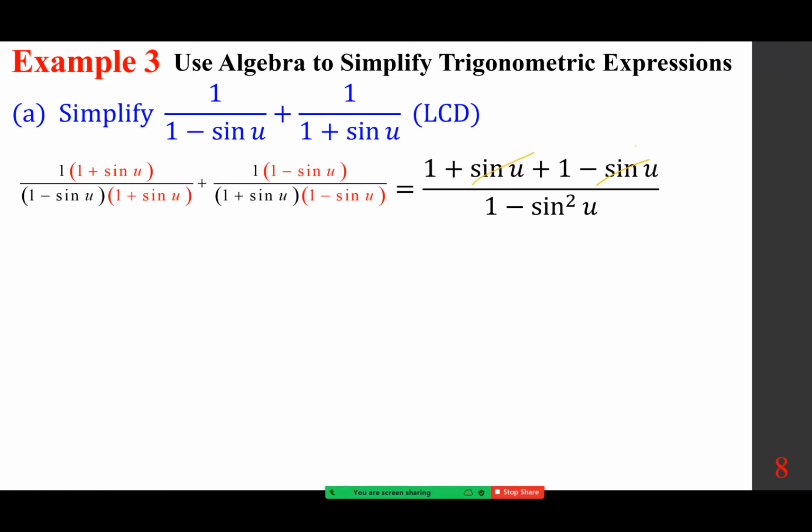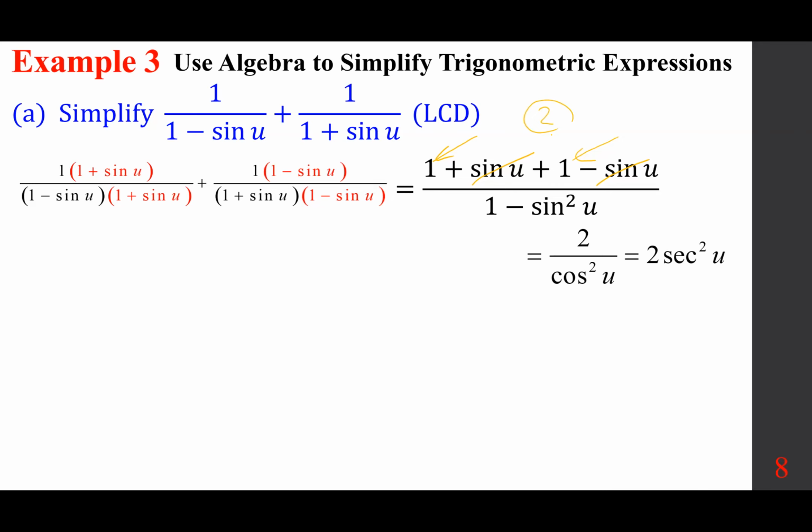These two cancel each other. The numerator changes to 2, and the denominator changes to cosine squared. As you know, 1 over cosine is secant. Therefore, this is secant squared. 2 over cosine squared is the same as 2 secant squared, because secant is 1 over cosine.